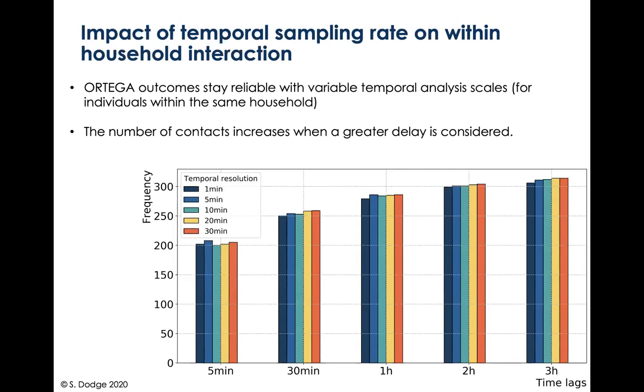But to change the temporal resolution, we skip every few points, and we resampled the data to 5-minute, 10-minute, 20-minute and 30-minute intervals. As you can see, within household interaction increases over time.